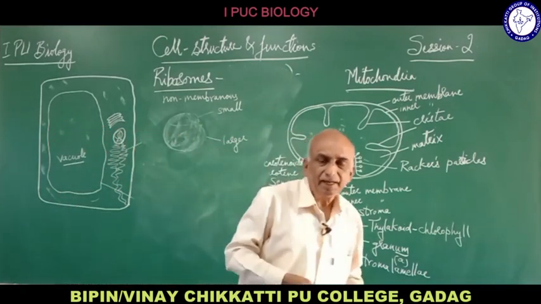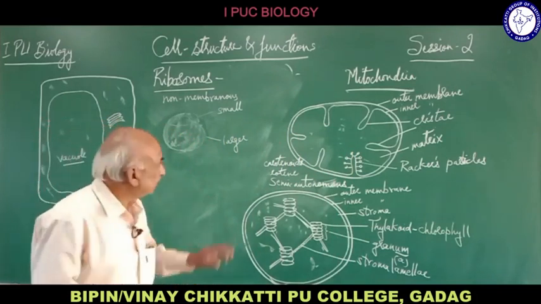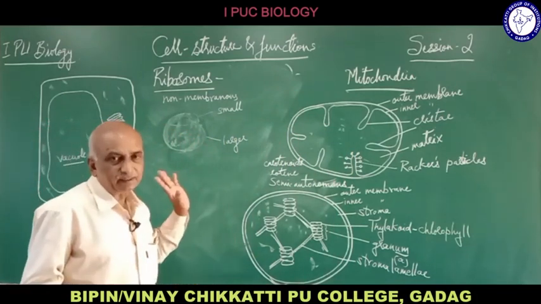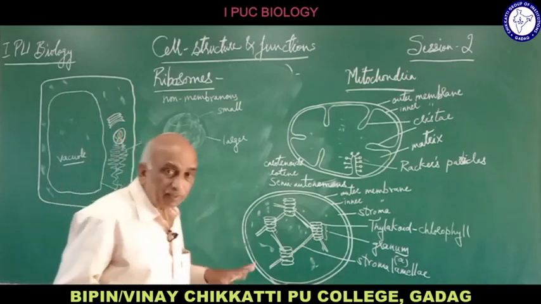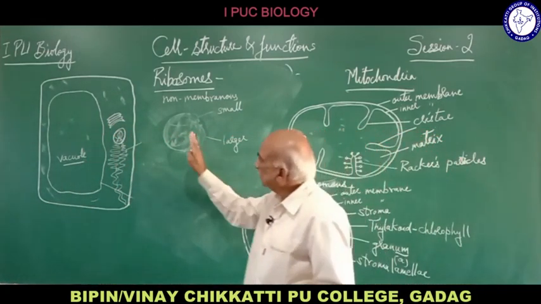Ribosomes contain only protein and RNA. They are involved in protein synthesis, the only function of the ribosome, and they are made up of a large unit and a small unit.